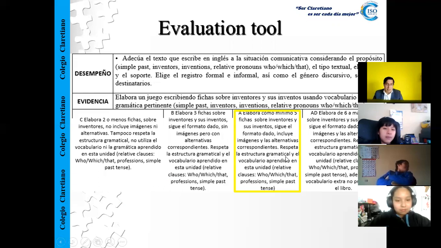And also the vocabulary: scientist, engineer, inventor, okay? The simple past: the person who invented, who created. The teacher is going to evaluate with this.